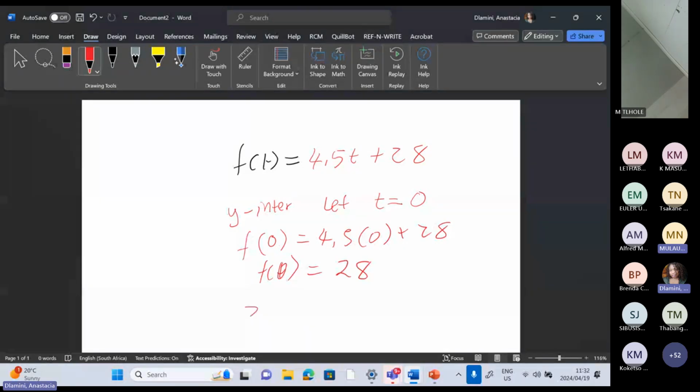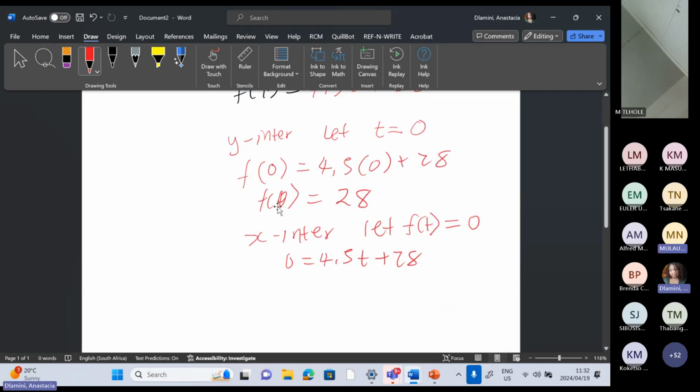Okay, that's now the x-intercept. We let what equal 0 now? f of t. Don't say f of x. f of t equals 0. So then we have 4.5t plus 28 equals 0.